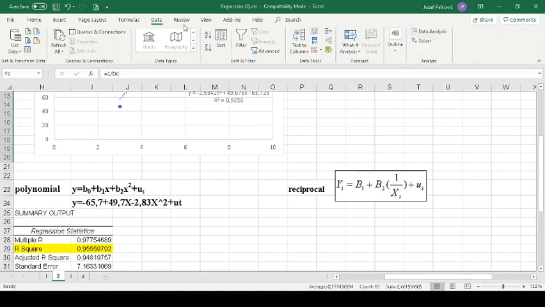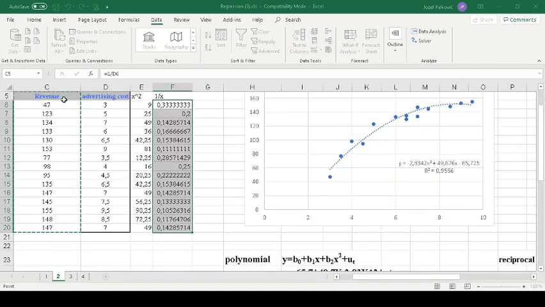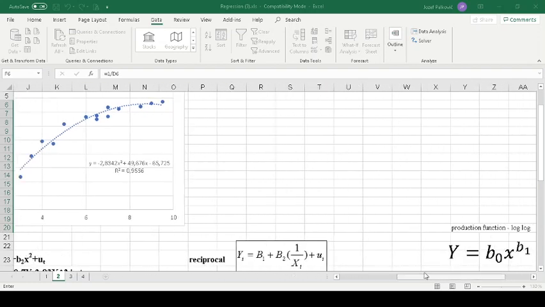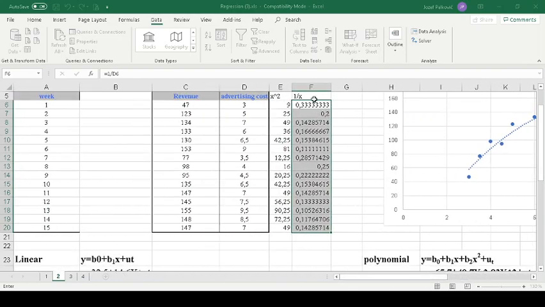Once again, open data, data analysis, regression. Range of dependent variable, once again, revenues, still the same. Range of independent variable, in this case on the right side there is only 1 divided by x. Select only one column, 1 divided by advertising cost.